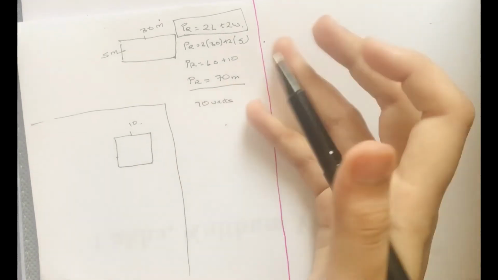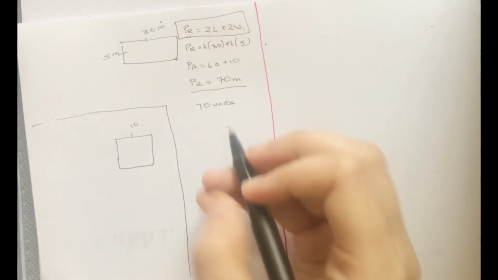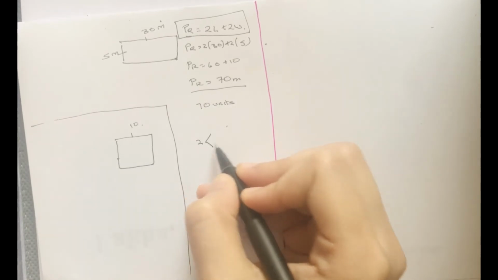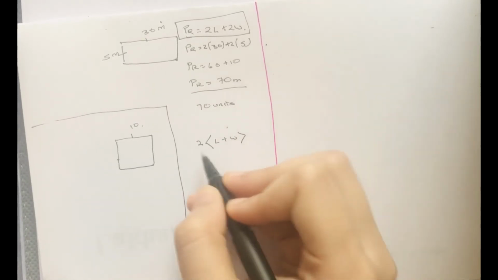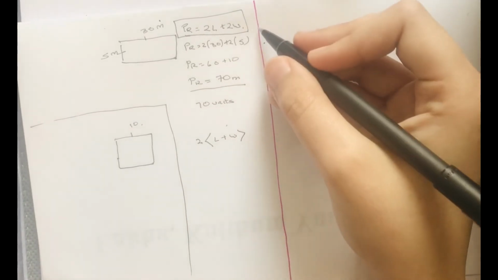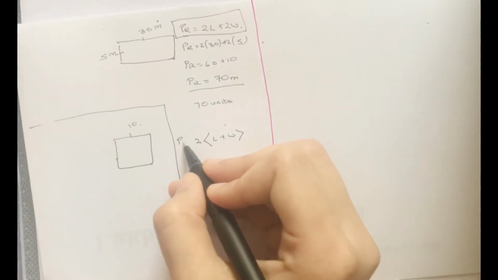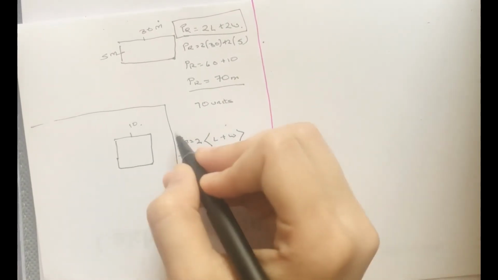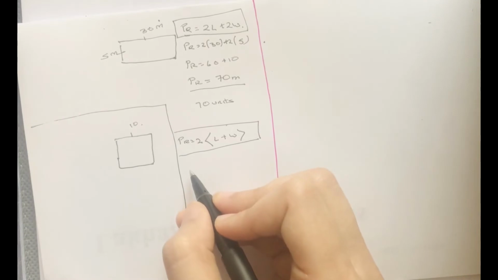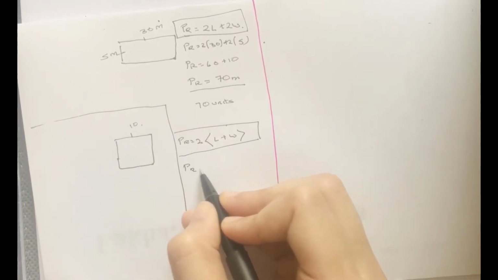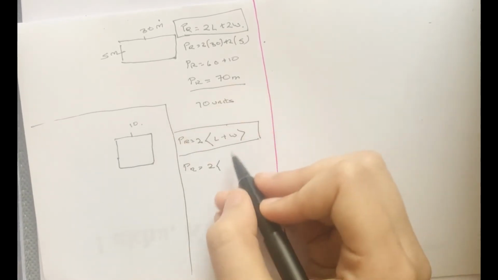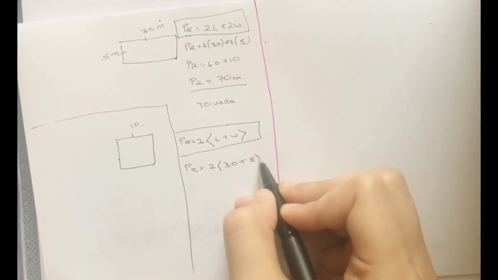Because 2 is common to L and W, you can write it as 2 bracket L plus W. When you distribute it, you'll get 2L plus 2W again. So if you use this formula, it's still right, and you can continue your working as 2 times L plus W, that is 30 plus 5.